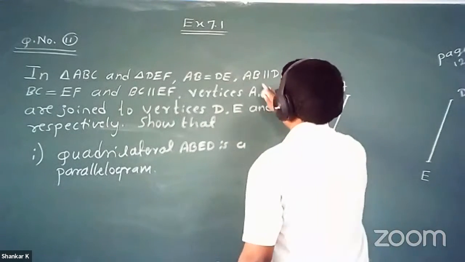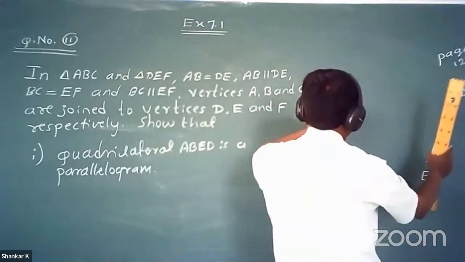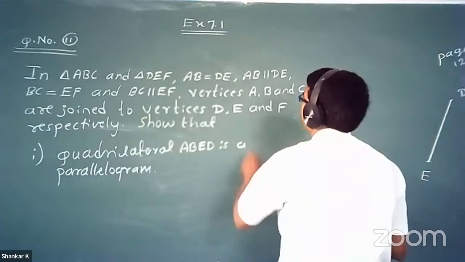Then AB is parallel to DE. AB and DE are equal and they are parallel also.